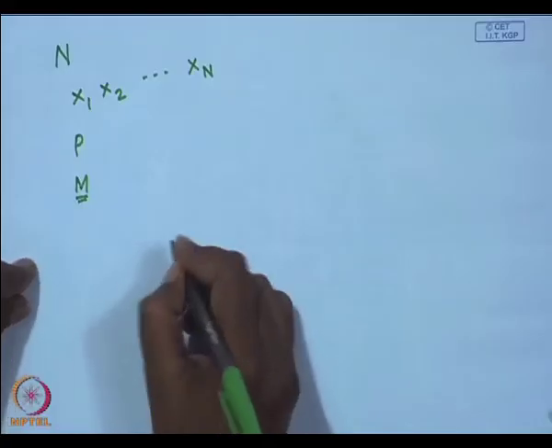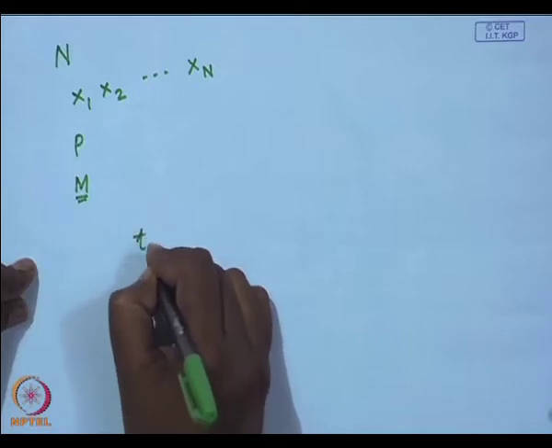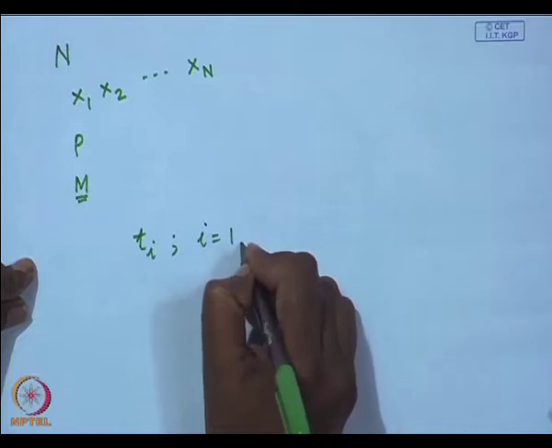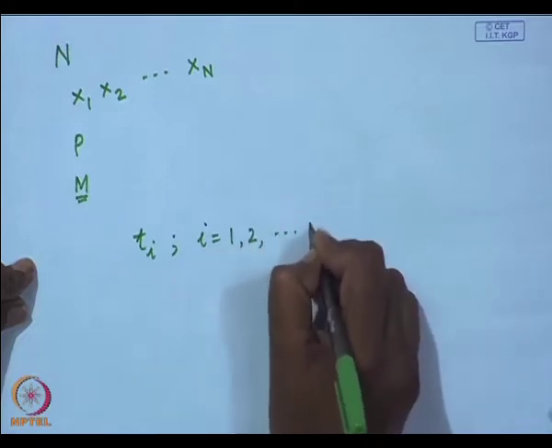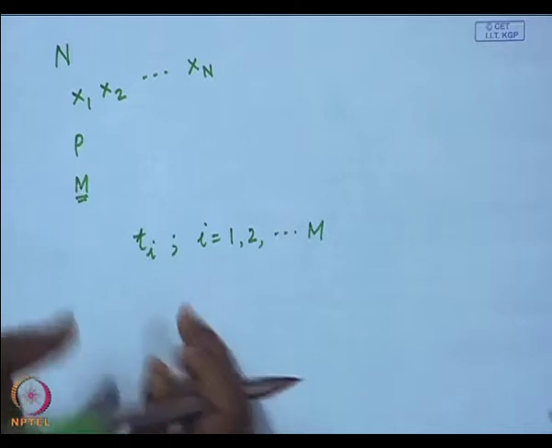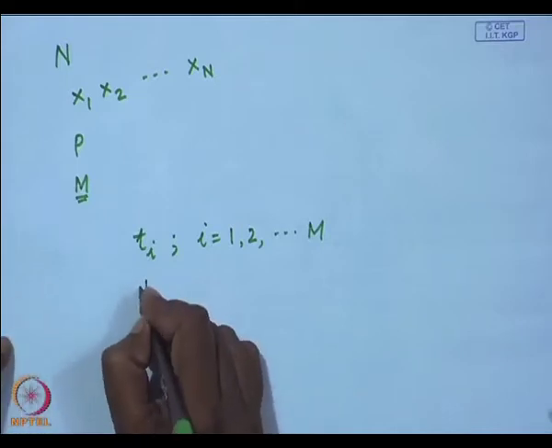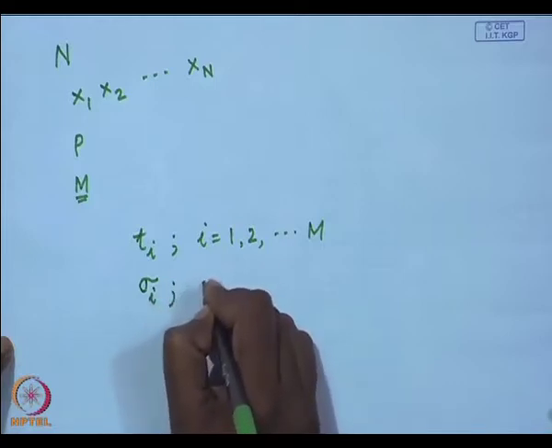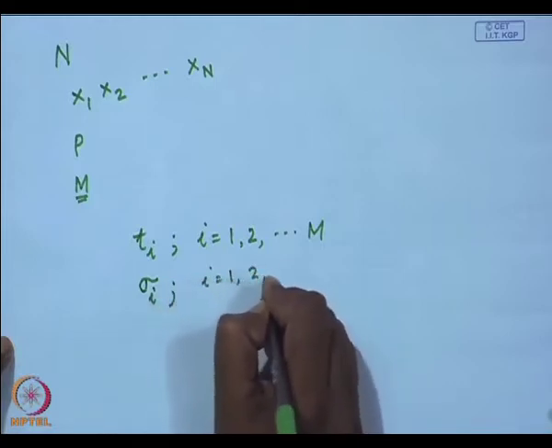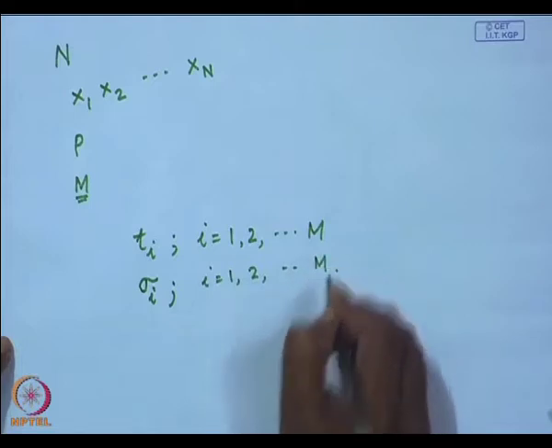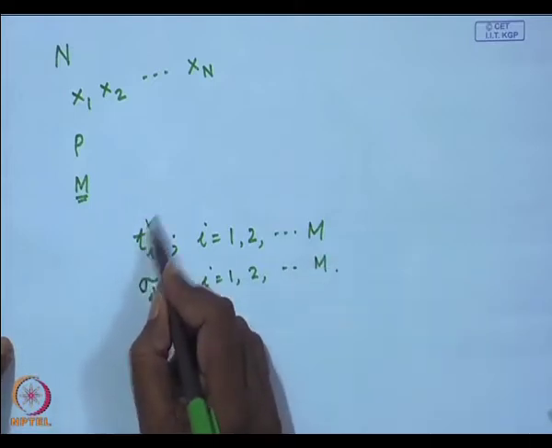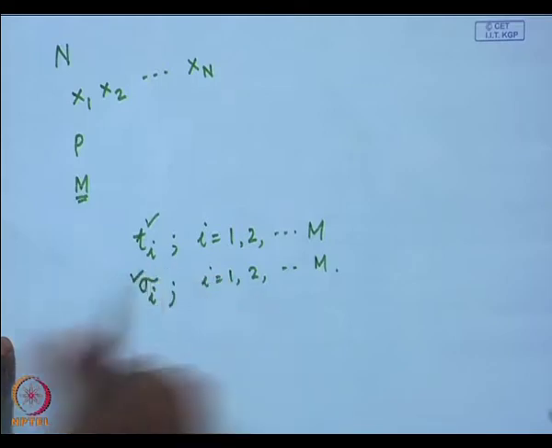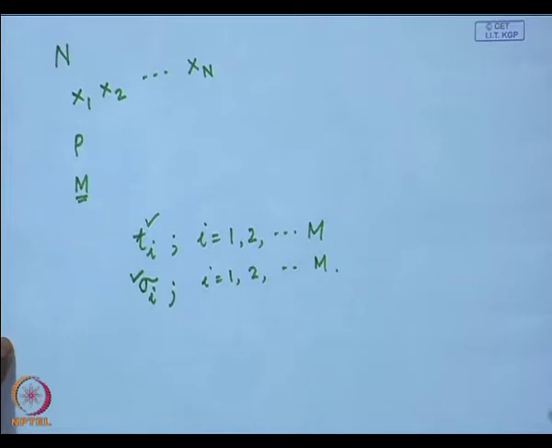That means, for the ith node I have to have receptor t_i, where i varies from 1 up to M. And for the ith hidden layer node I have to have sigma_i, again i varying from 1 up to capital M. So, I have to have M number of receptors, and M number of variances or standard deviations.